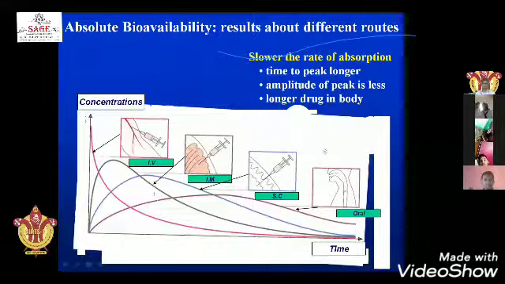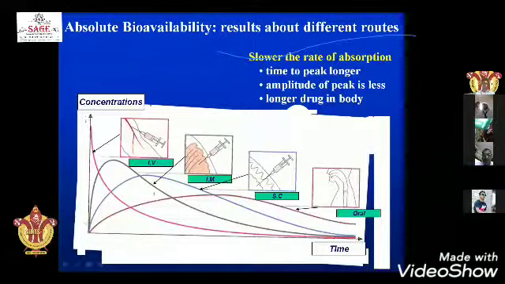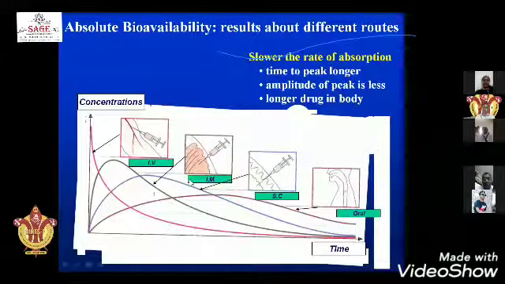In both intramuscular and subcutaneous administration, there is a gradual increase and then a gradual decrease in the drug concentration. So the peak level will be achieved. That we'll discuss in the next slide.